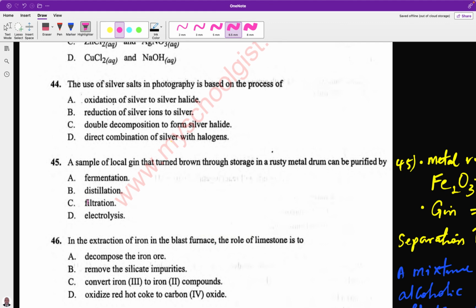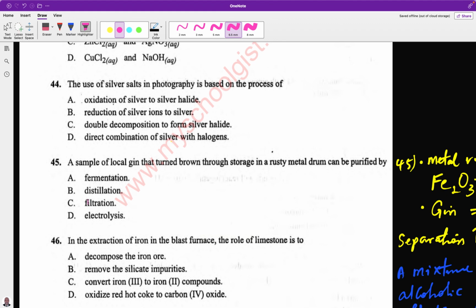For instance, when silver chloride precipitate decomposes, it produces silver, not the silver ion, giving us a silver solid and chlorine gas which is released.